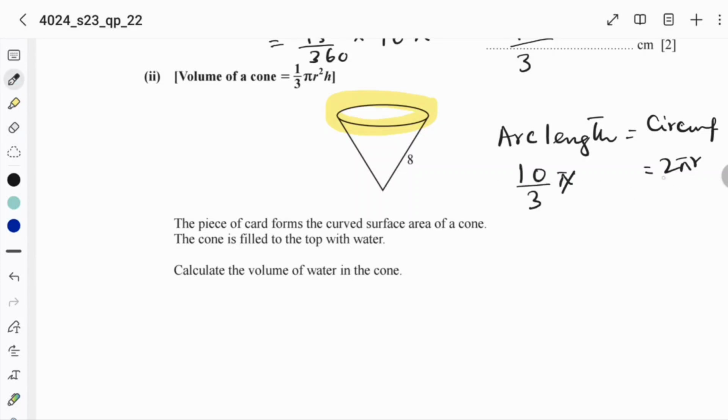Pi and pi get cancelled, so 10 upon 3 is equal to 2r, and then 10 upon 3 times 2, which is 6. 10 over 6 is the value of r.